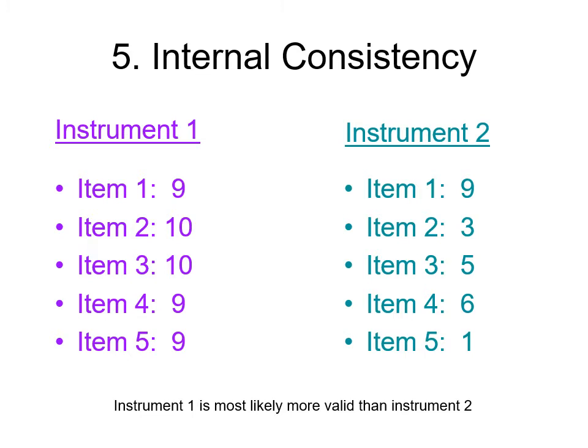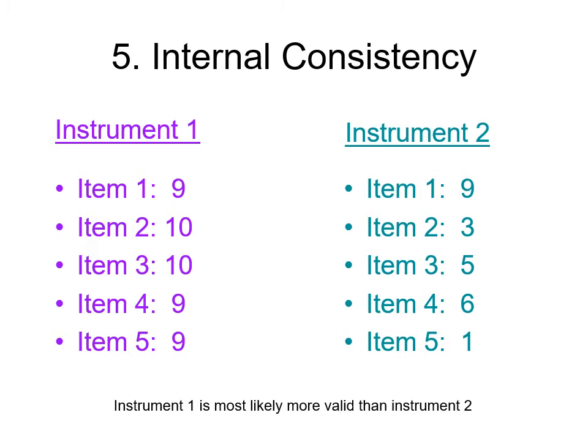When you look at something that is highly internally consistent, this is not only an indicator that this is a highly valid study, but it's also highly reliable, because we said before that high reliability is a prerequisite for something that is valid, and therefore something that's highly valid is absolutely highly reliable as well, but not the other way around.